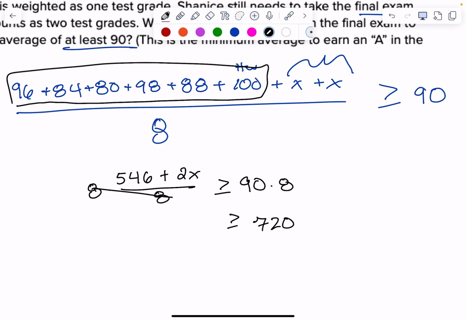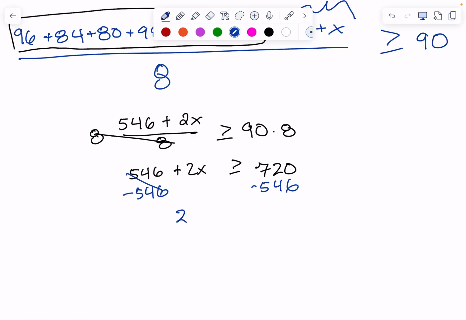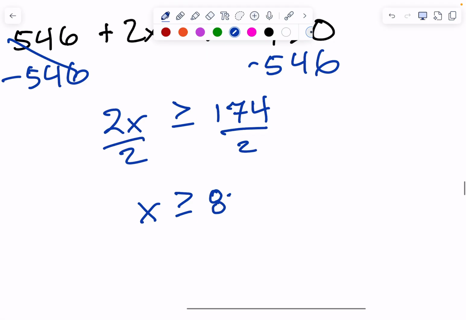Minus the 546 on both sides. That's 174. Then divide by 2, and that is 87.